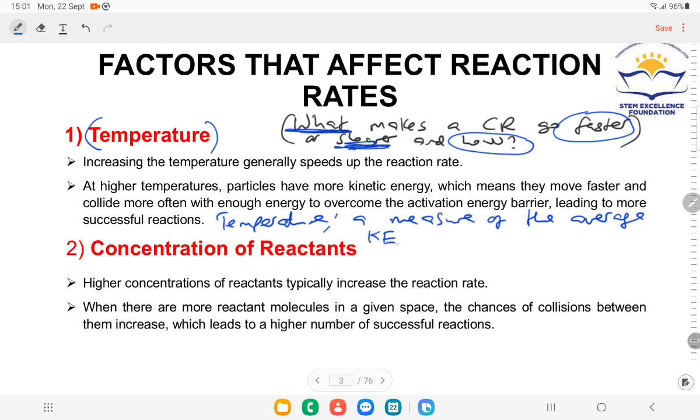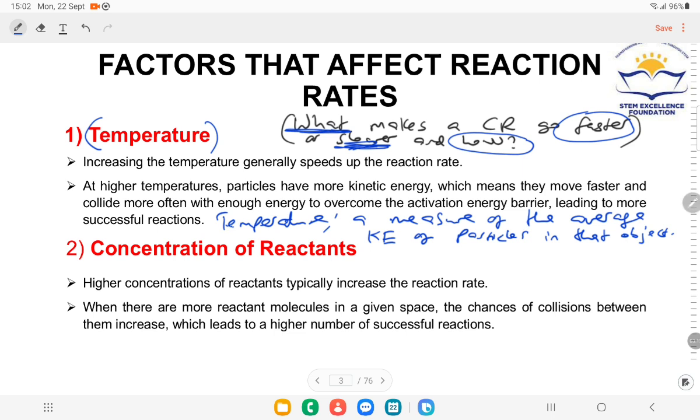So the temperature of an object is a measure of the average kinetic energy of particles in that object. So the higher the temperature, the higher the average kinetic energy. Kinetic energy is essentially the energy of motion. You see, the higher the kinetic energy, the faster the particles move.